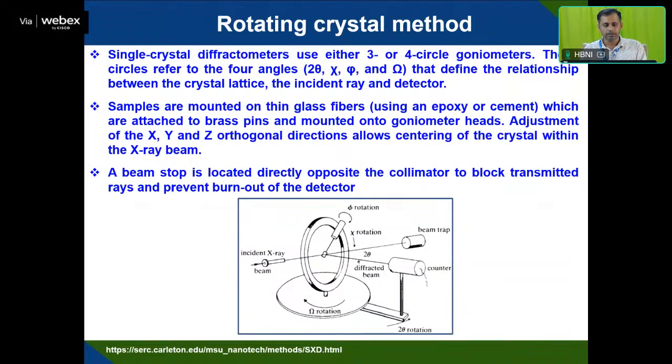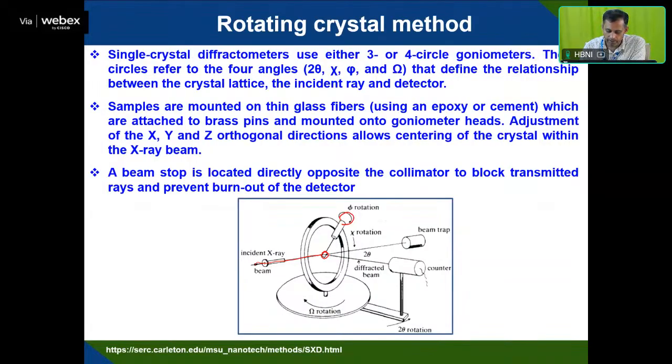If you see the rotating crystal method, mostly a 3 or 4 circle goniometer is used. The circle refers to an angle: you have a 2 theta variation, with the incident beam falling here and your detector here. Your crystal is here, rotating at phi.